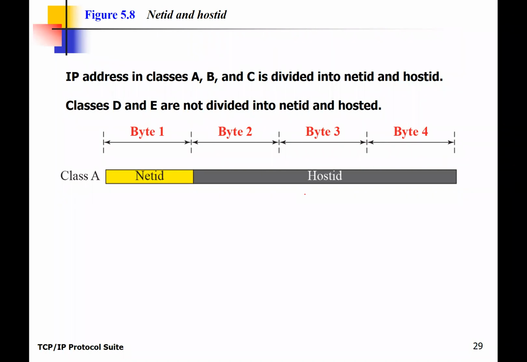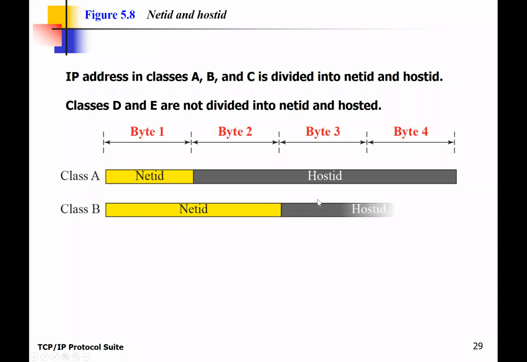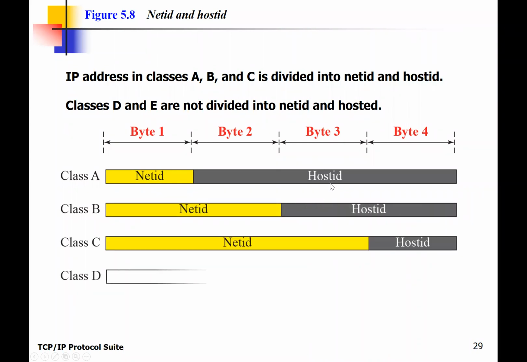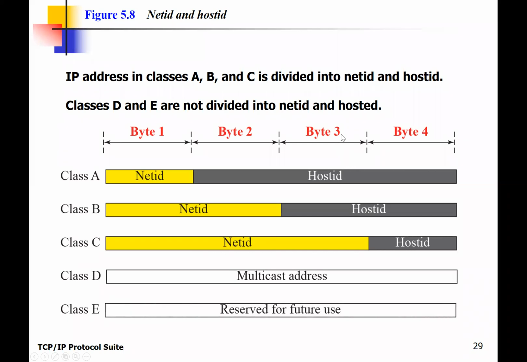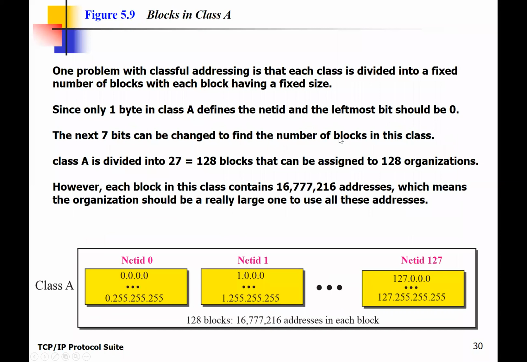For class B, the first 2 bytes are the net ID, and the remaining is the host ID. Class C, the first 3 bytes are the net ID and the rest is the host. Class D and E, I'm sorry, D is a multicast address, and class E is reserved, nobody is using it. Okay, clear so far?